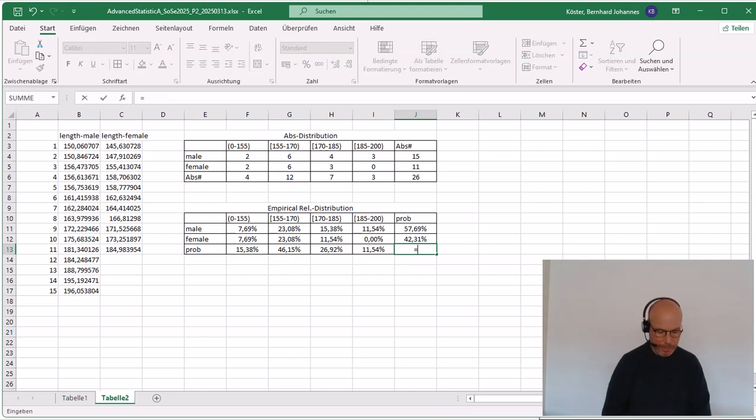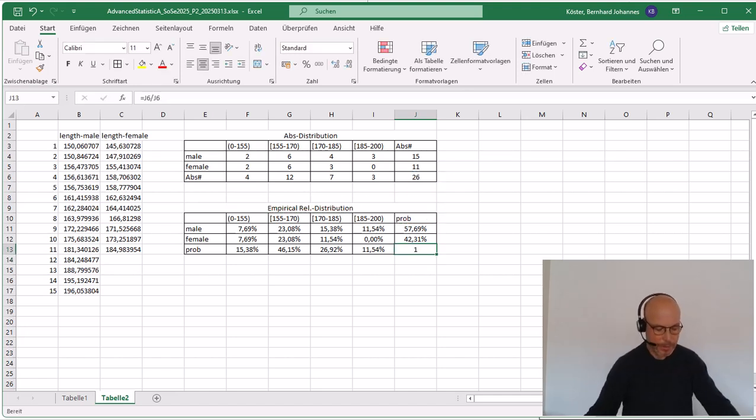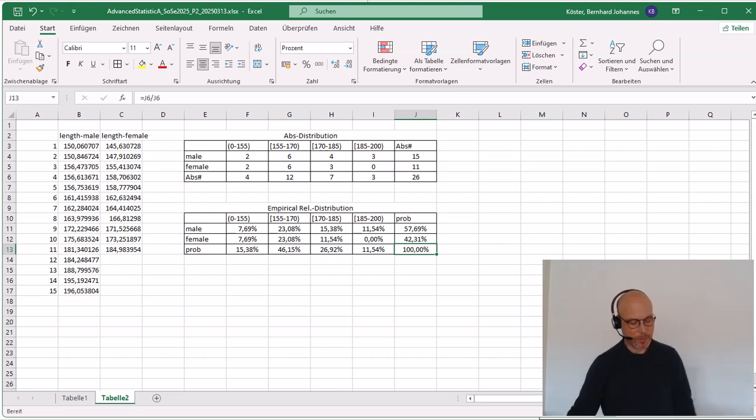and of course we can also then calculate both, having calculated every possible probability in order to be in the overall interval between 0 and 200 centimeters, and male or female, this is then of course 100%.